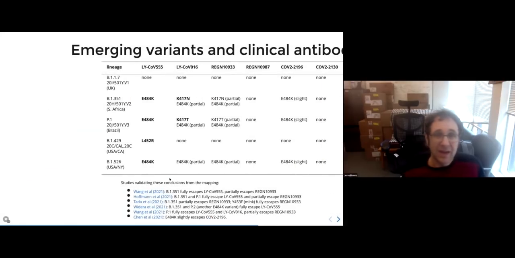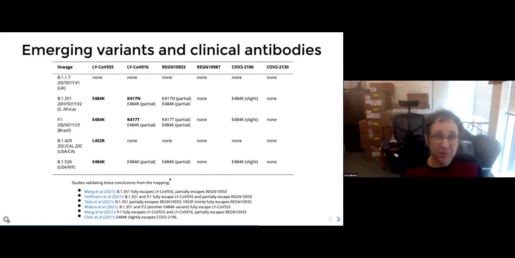And we can now look at the emerging viral variants and see which of them have mutations that escape binding by these antibodies. So for instance, here are some of the most major viral lineages that you hear about in the news. And many of these viral lineages have this E484K mutation.